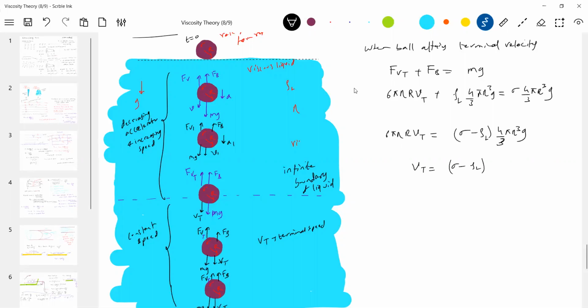Shall we do one thing? 2 will take outside, so this will become 2 by 9. One pi r will also get eliminated. Look at the formula, 2 by 9. So this is the expression for the terminal velocity.